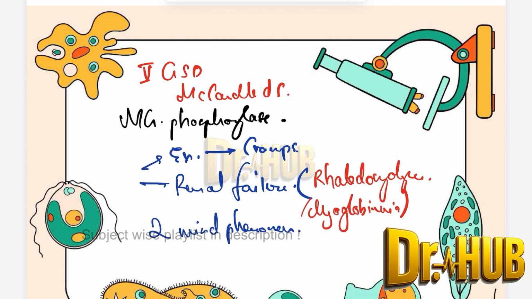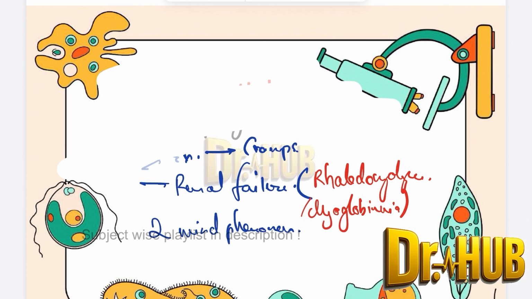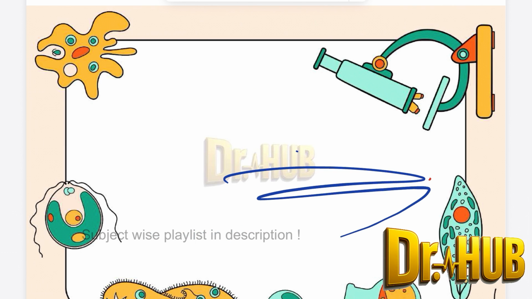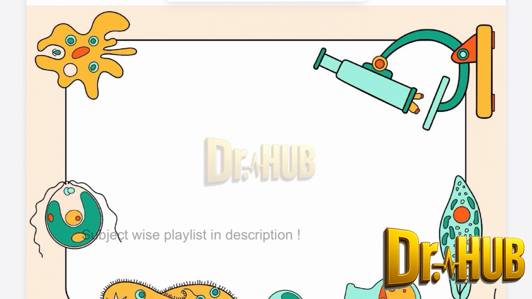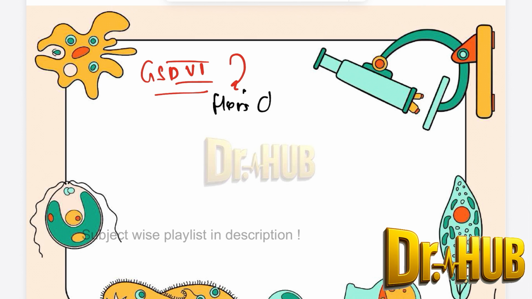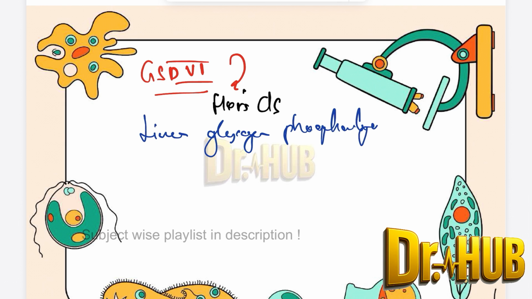Then we move on to GSD type 6, also known as Hers disease. It is due to liver glycogen phosphorylase, and it is generally benign.